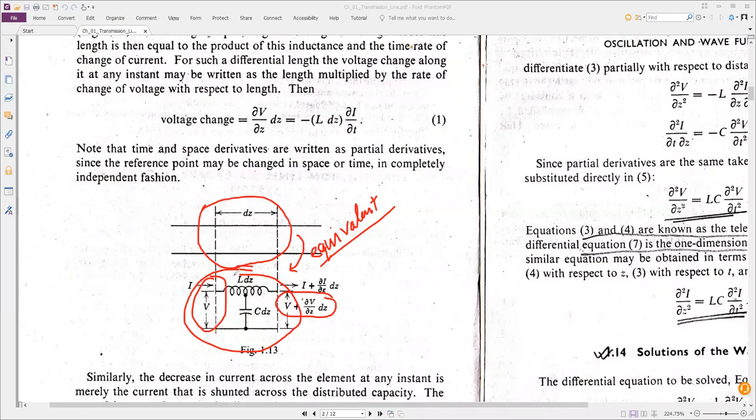And here the current is I, which changes to I plus del I by del z dz. So what is the voltage change and what is the current change? We have to consider.